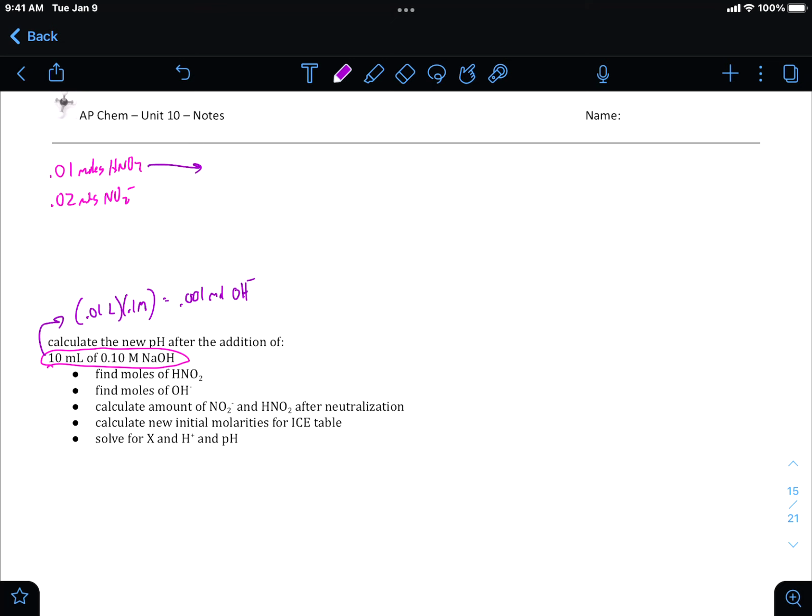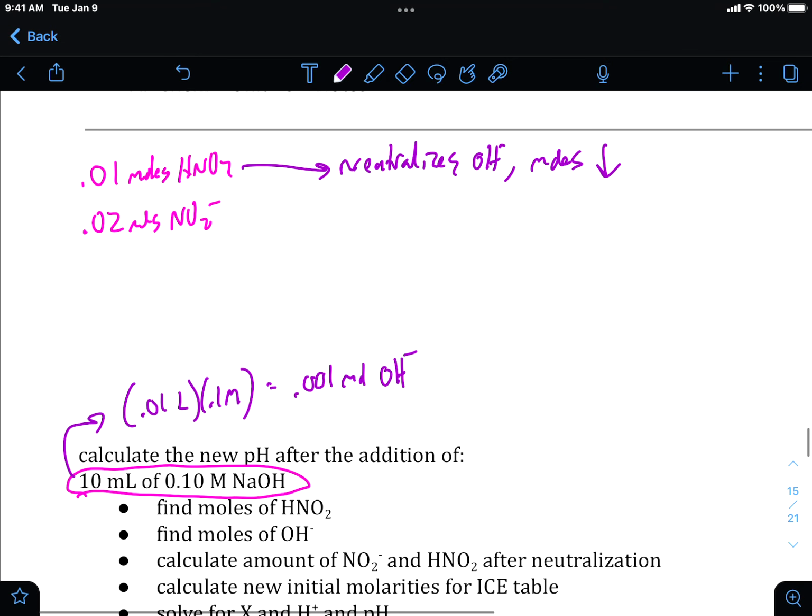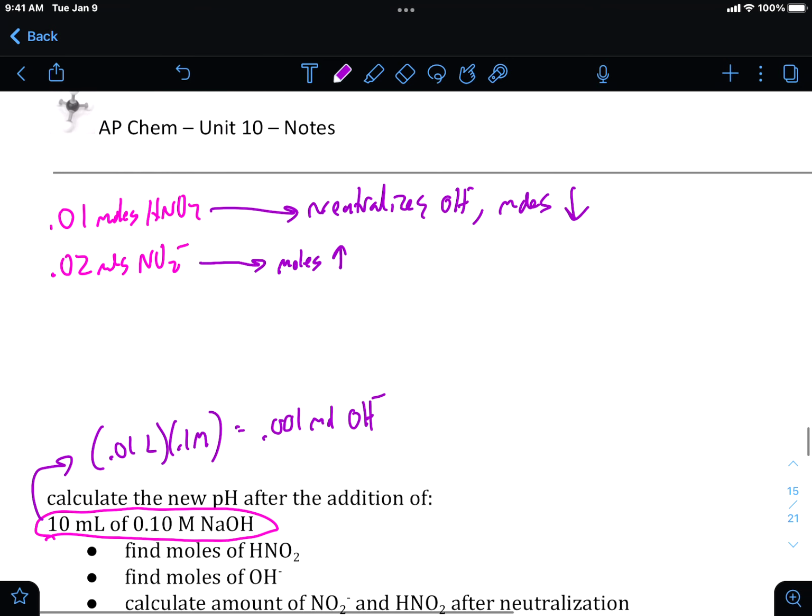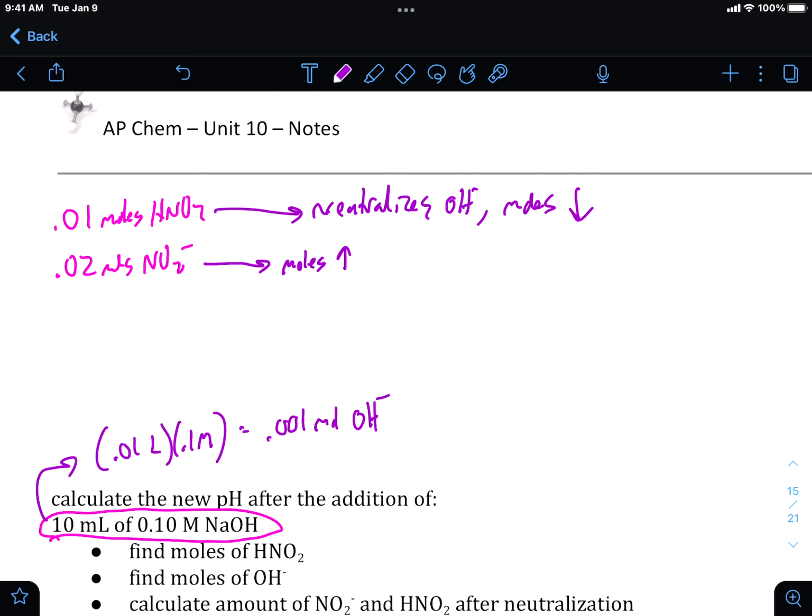So it neutralizes the OH minus, and the moles of it are expected to decrease. The NO2 minus moles will increase because that is a product of the neutralization. What does a neutralization reaction look like? It is this.